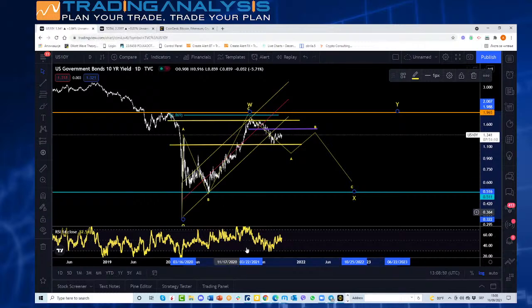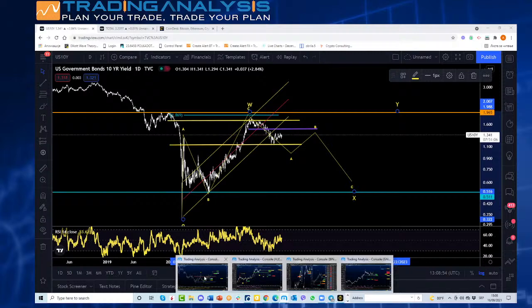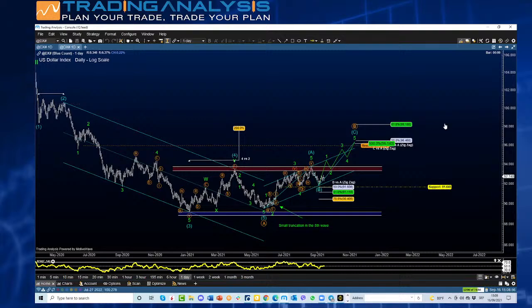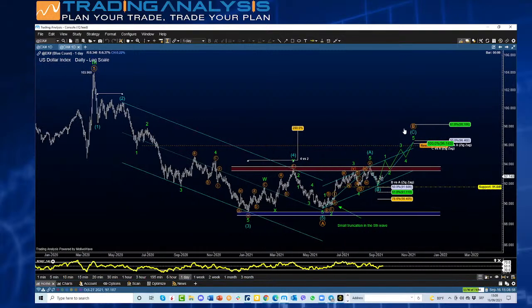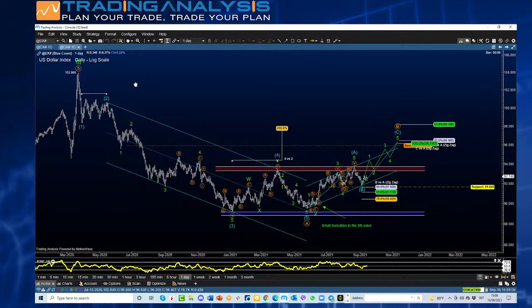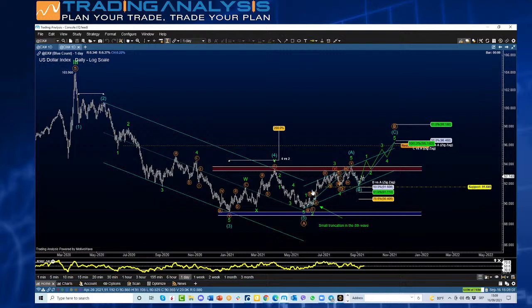In the world of the dollar, as usual, we start to look at what is going on with the dollar. And we are looking for some type of pullback in the dollar overall after the beginning of 2020 and the COVID crisis. We count this as a 5-wave move with a small truncation in the 5th wave.